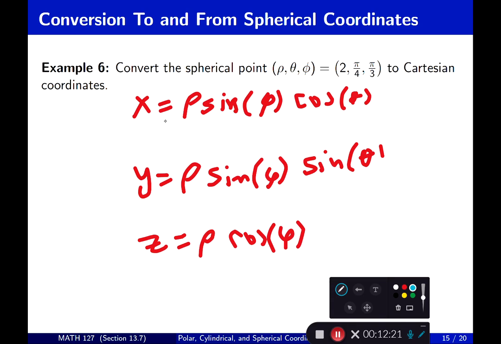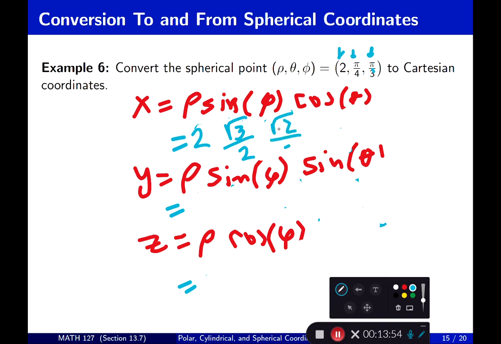Now replace everything. Rho here is 2. Sine of phi, phi is pi third, is square root of 3 over 2. Cosine of theta, which is pi fourth, is square root of 2 over 2. And so you end up with square root of 6 divided by 2.